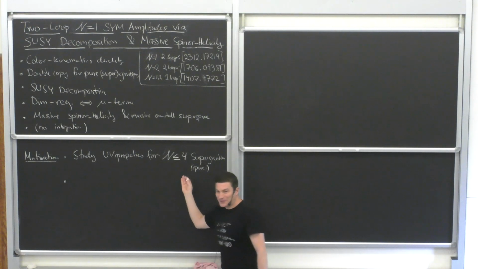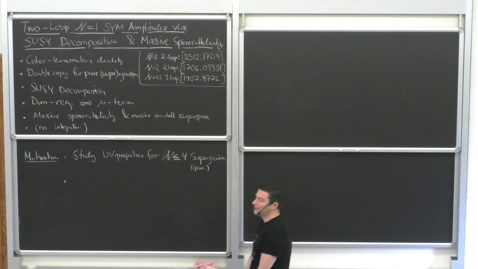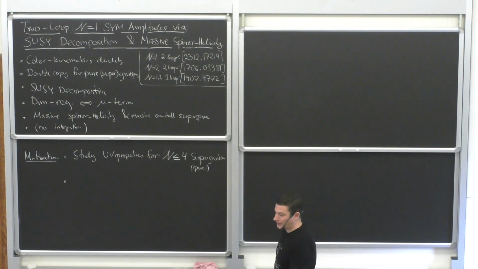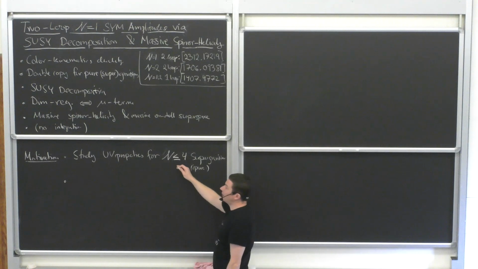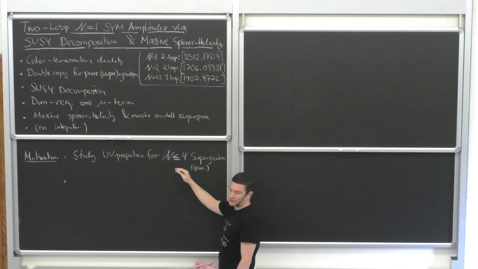Well, so if you have higher supersymmetry, then you have to go to higher loops. So for N equals 4 and higher, there have been calculations all the way. 4 loops has been done for N equals 4, and 5, and so on, and I guess there are current efforts at 5 loops for N equals 5.